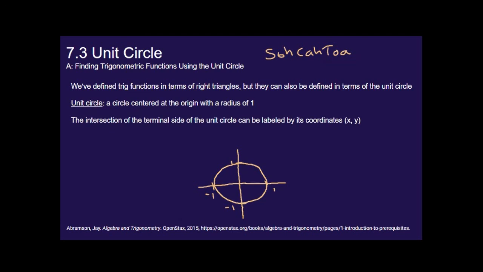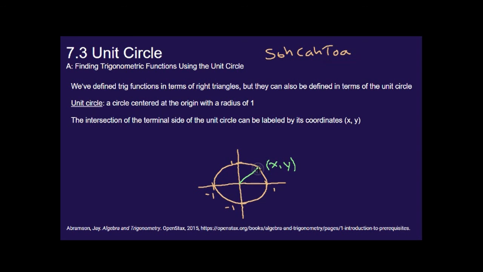The intersection of the terminal side of the angle with the unit circle can be labeled by its coordinates. So if I put an angle on here, then where that terminal side of the angle intersects with the unit circle, that location can be given the coordinates x, y.